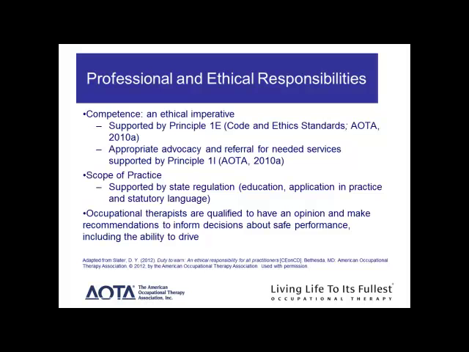Many do not appear comfortable with a situation that may have some ambiguity, or they are not confident about their own knowledge and skills to make a judgment about risk that may have serious consequences for their client, perhaps hoping that someone else will do it. But we are in an often unique position of having the critical and comprehensive data about most of the factors that influence safe driving, and as professionals, we owe it to the team and the client to contribute that information.